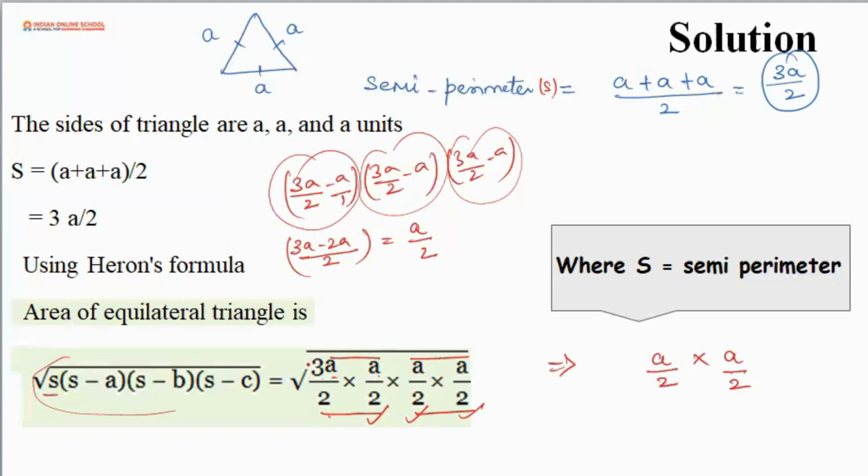And since this 3 does not have any pair, it will remain in the root only. When we solve it, we get root 3 times a square by 4, and that is the area of an equilateral triangle. So now we got the formula for an equilateral triangle, which is root 3 by 4 a square.